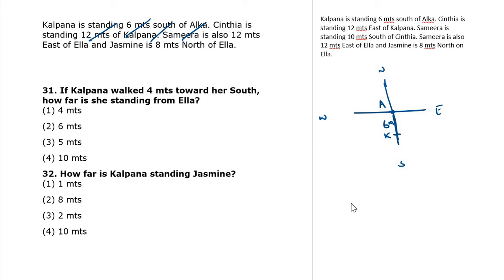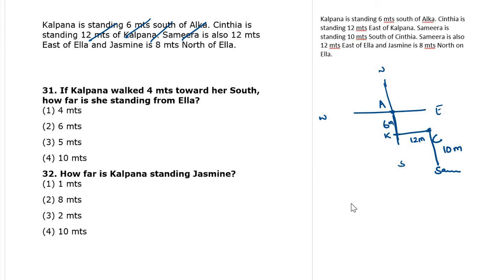Okay. Sinthay is standing 12 meter east of Kalpana. 12 meter. And then Samir is standing 10 meter south of Sinthay. 10 meter. Samira. And then Samira is also 12 meter east of Ila. Samira is 12 meter east of Ila.